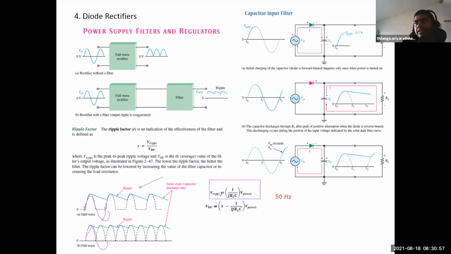Okay, then guys, VP rectified minus half of the ripple, we get our DC voltage. Why do we consider half of the ripple?